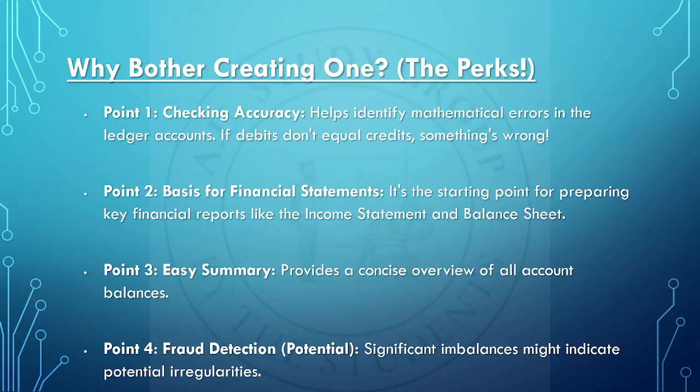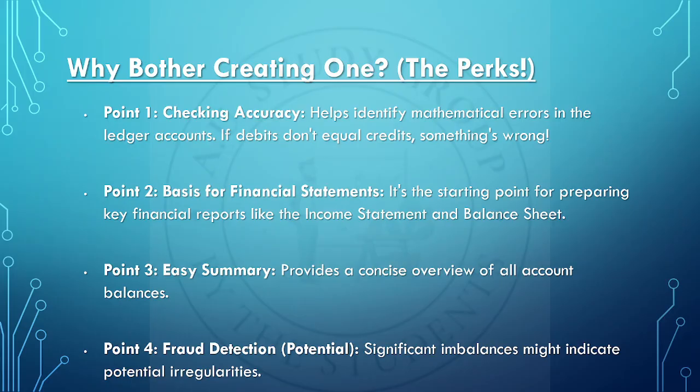Now, do you remember the golden rule of double entry bookkeeping? No, not those rules, those are the three rules. The basic double entry rule is that for every transaction, the total debits must equal the total credits. Do you remember this rule? Perfect.